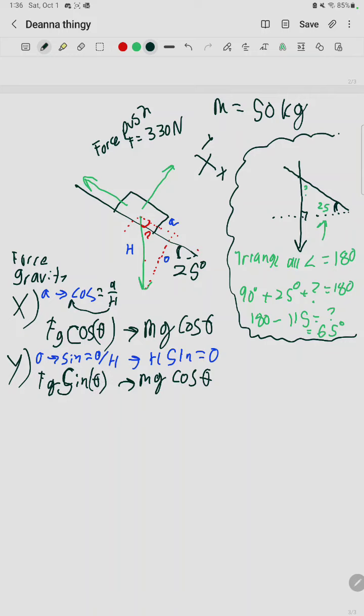And then from there we can sum up our x and y forces.